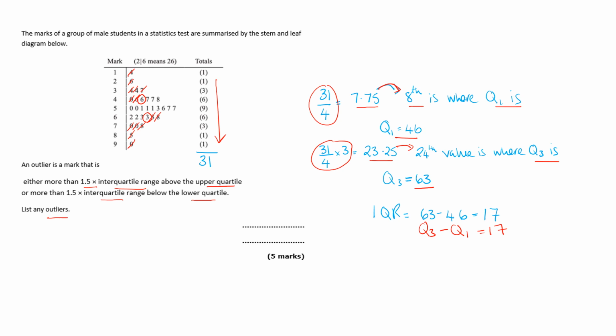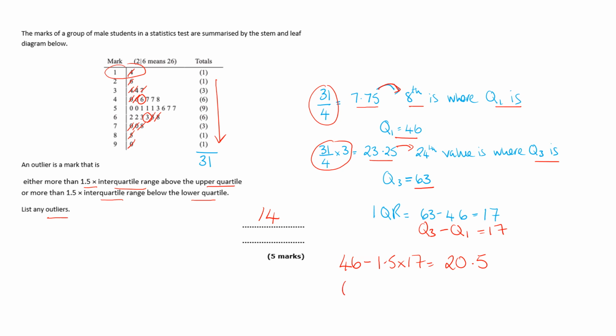So if we look at the lower quartile, which is 46, and we take off 1.5 times that interquartile range, that comes to 20.5. So any values that are less than that cutoff point are going to be outliers, and we can see we've got one which is a 14, so 14 is an outlier.